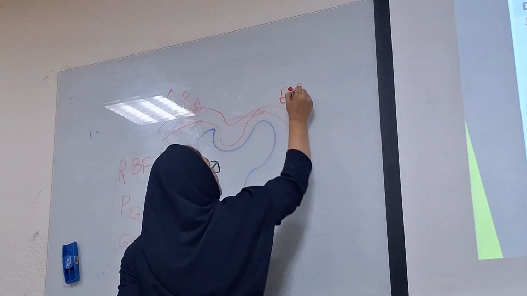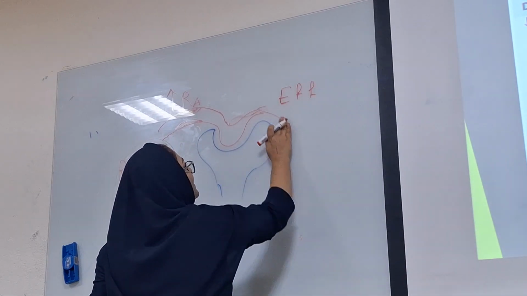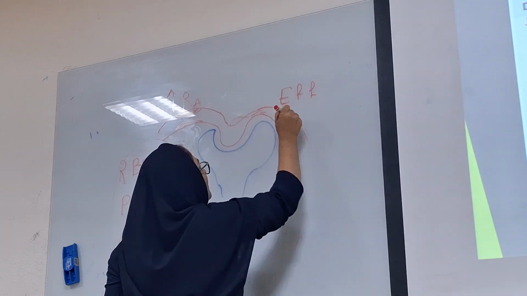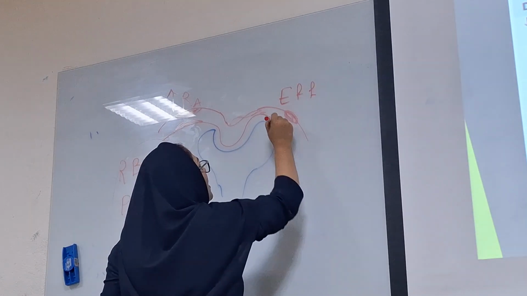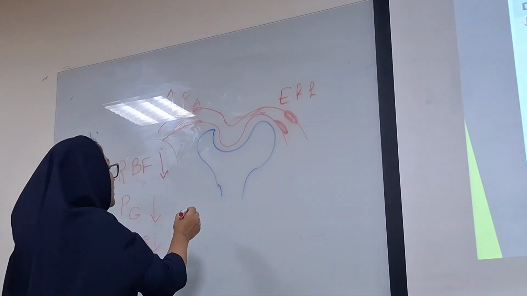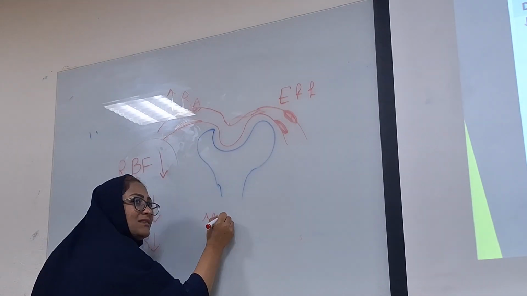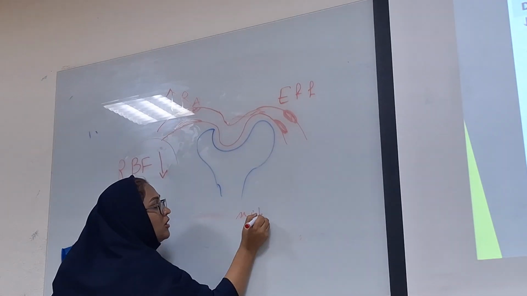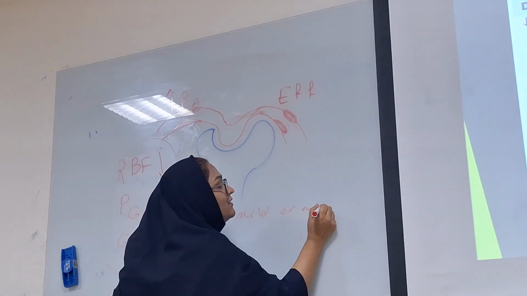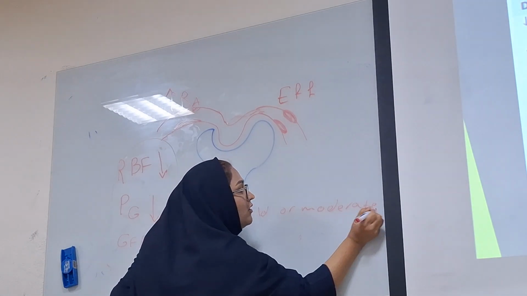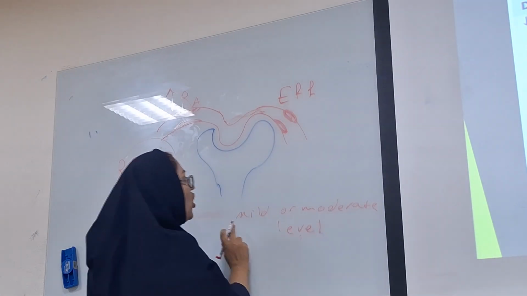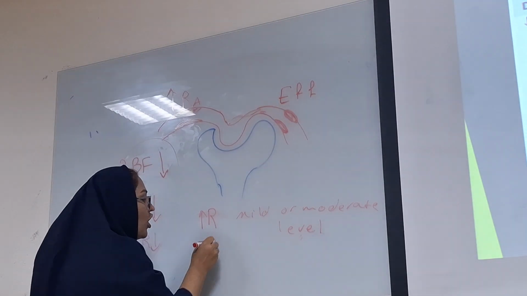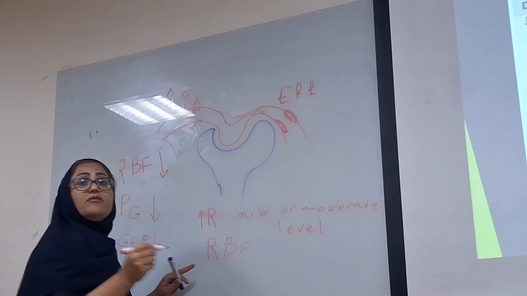Efferent arteriole. Suppose that I increase the resistance of the efferent arteriole at a mild or moderate level. What happens for RBF and RPF?